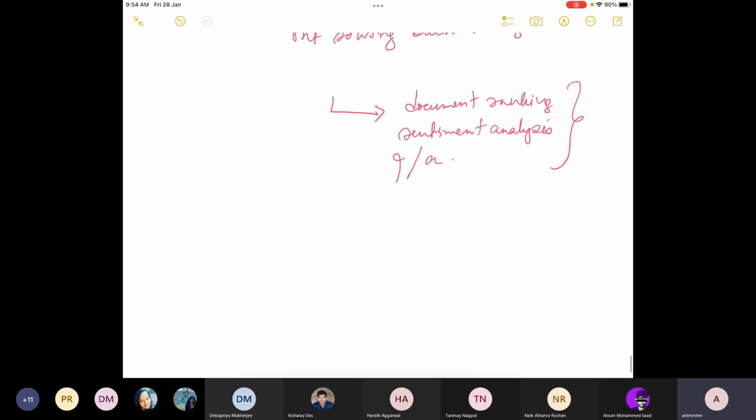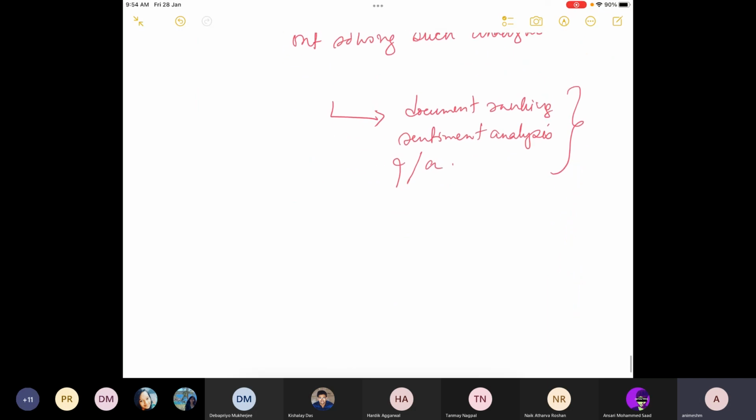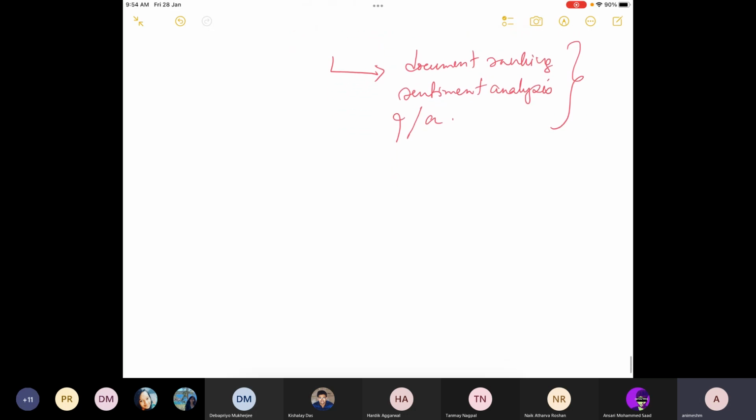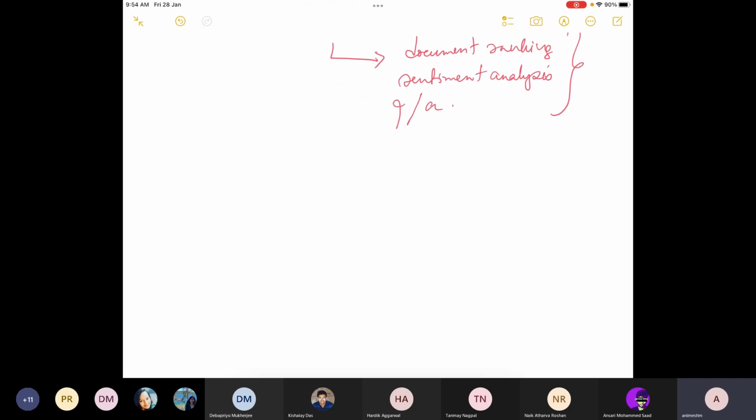Okay, and as you will see, if you look at the NLP literature these days, word embeddings and use of word representations are omnipresent. Okay, almost every other NLP paper will talk about some form of word representation or other.